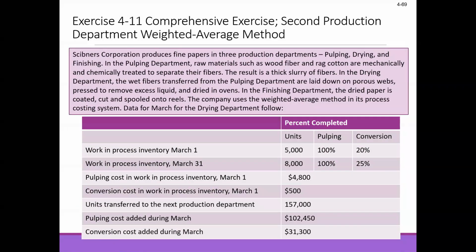Where did we get that information? At the end of the period, here are 8,000 units, 100% complete. 8,000 units, 25% complete for conversion.